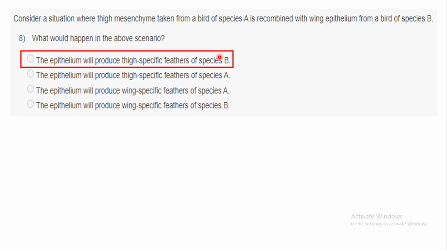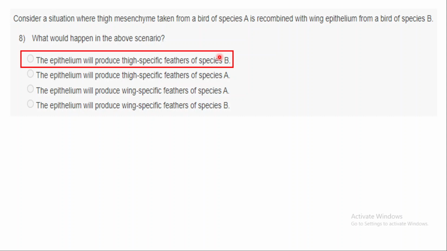So the information the mesenchyme is passing is the characteristic of the feather, that it is thigh, wing or claw. That is the common ground, but it will be species specific, because eventually the feather that is arising from the tissue, that tissue is of bird species B. So that tissue will be of parrot origin, it won't be of ostrich origin, right? Because ostrich is just inducing, parrot will be producing it.